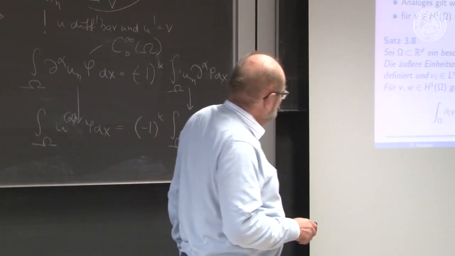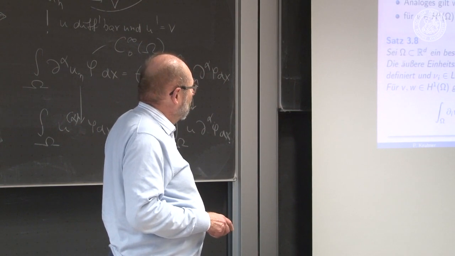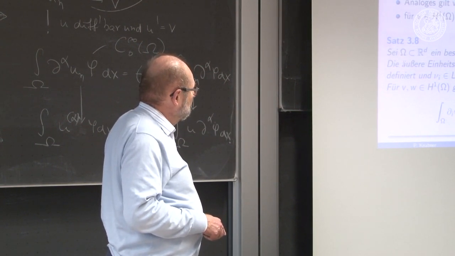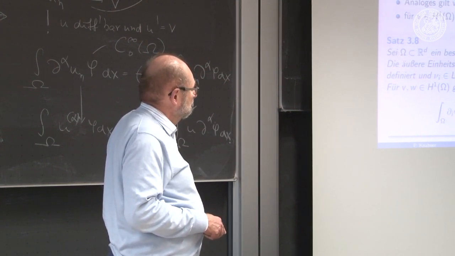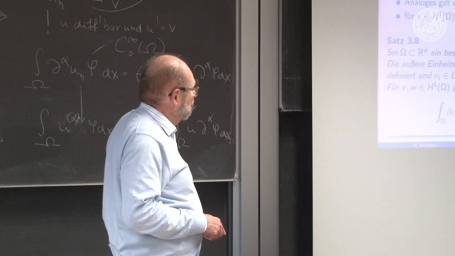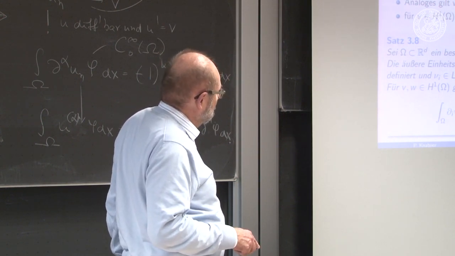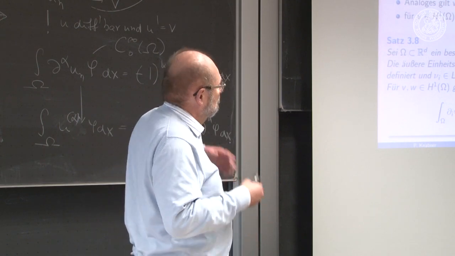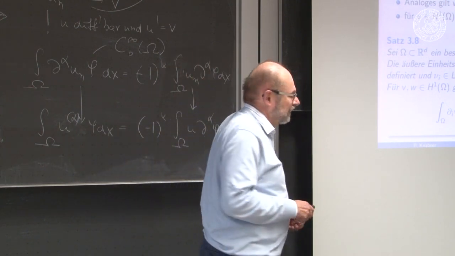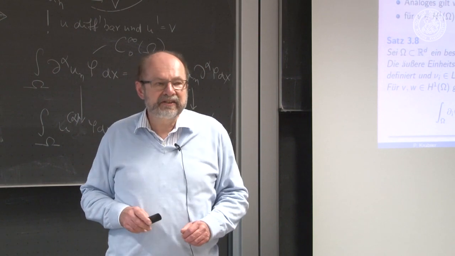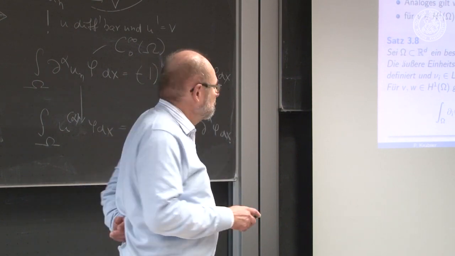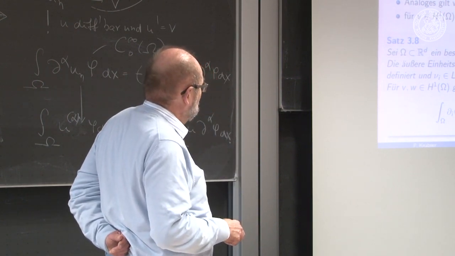Okay, so how could we prove this? We could prove this thing here classically. Okay, we need to have that the derivatives exist and so on, and then we need also the functions at the boundary, and then hopefully we are able to prove that. But how can we extend this result now to the general situation as it is asserted here?